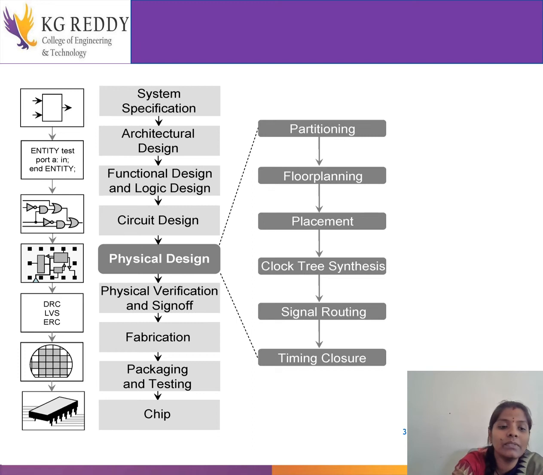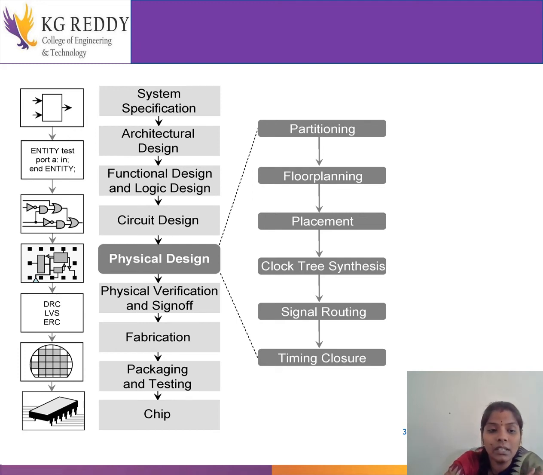So this is about the physical design, and then after the physical design, we do a physical verification. In this physical verification, we go through all this, whether it is all working in a proper manner or not, and then we do physical verification and sign off. Sign off checks whether the designed layout works as we designed.